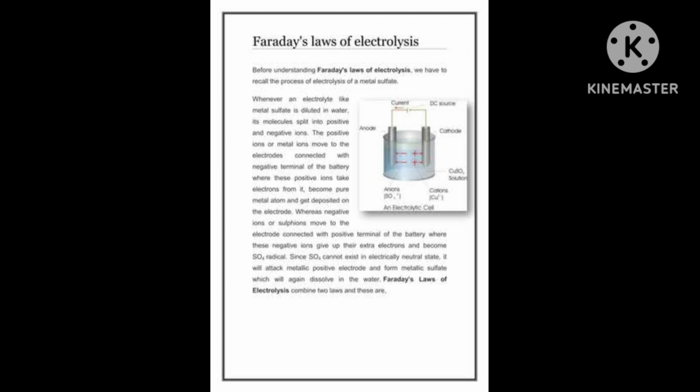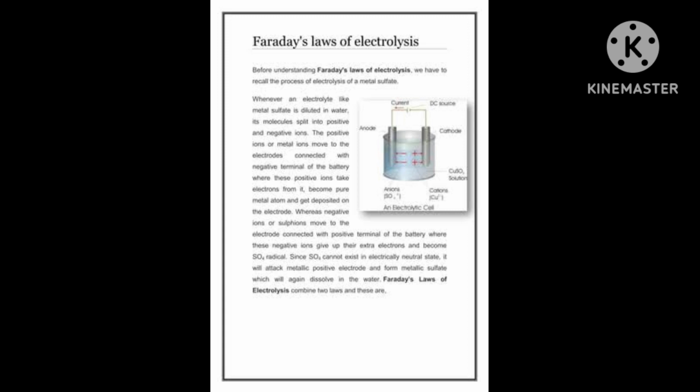Products of electrolysis depend on the nature of material being electrolyzed. What type of electrolytes are there? Accordingly, you will get the deposit. That type of metal it will deposit.